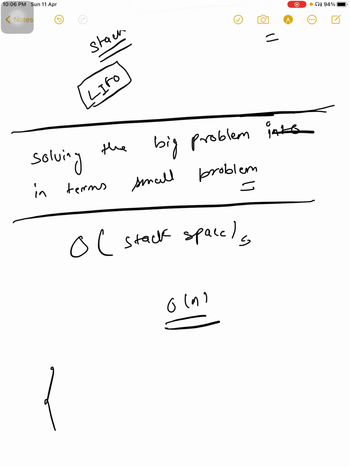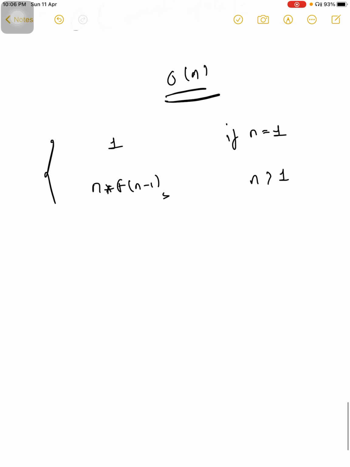If n equals 1, we simply return the value 1, and when n is greater than 1, we multiply n and return the function with n minus 1. And every recursive program can also be written as a non-recursive program. And this is all from this topic.